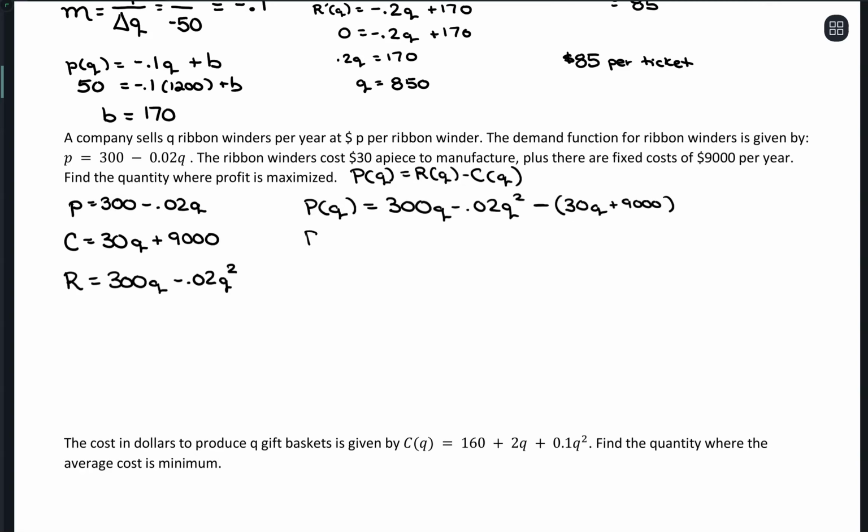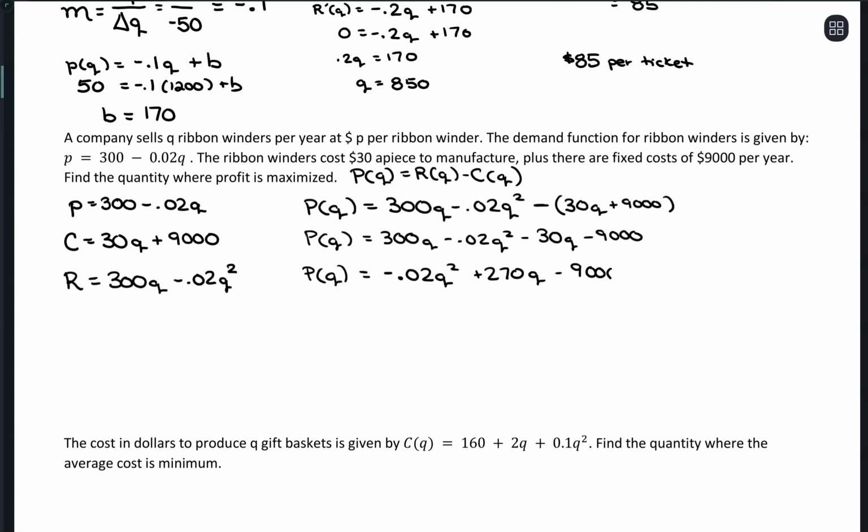But that negative is going to distribute, so we'll have 300Q minus 0.02 Q squared minus 30Q minus 9,000, which will finally simplify to, let's see, I'm going to rearrange a little bit to negative 0.02 Q squared plus 270Q minus 9,000. Okay, so we have our profit function, and that's what we want to maximize.